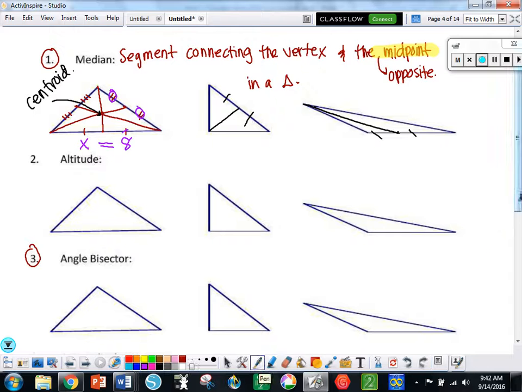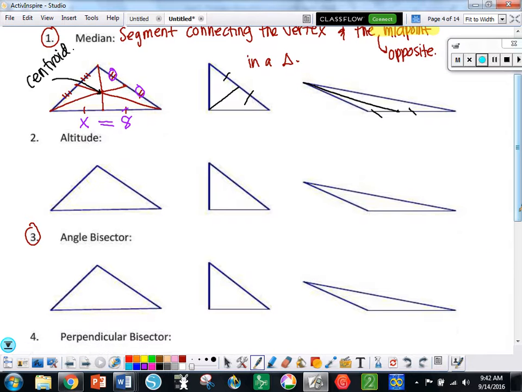So let's talk about an altitude. The altitude is the height of the triangle. So when you're doing like area equals base times height, that's the altitude that you're using.